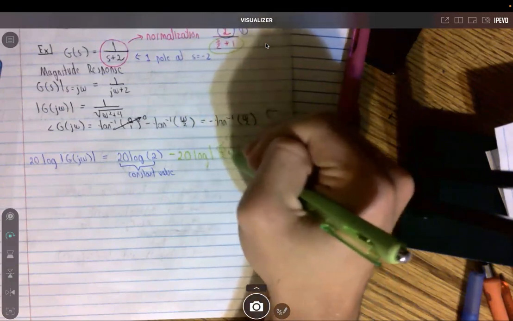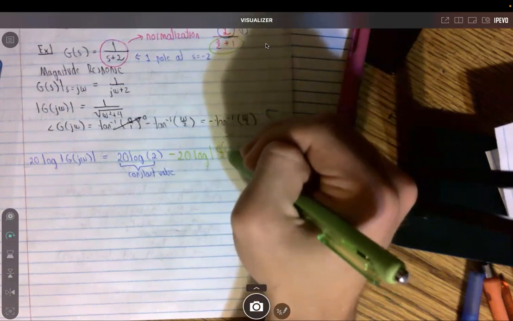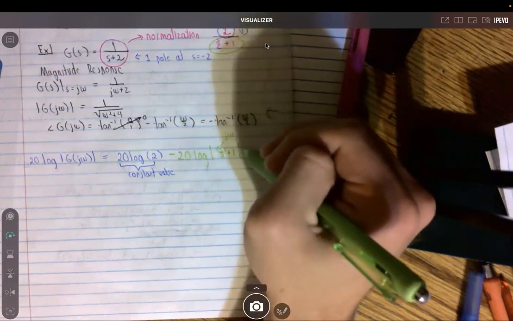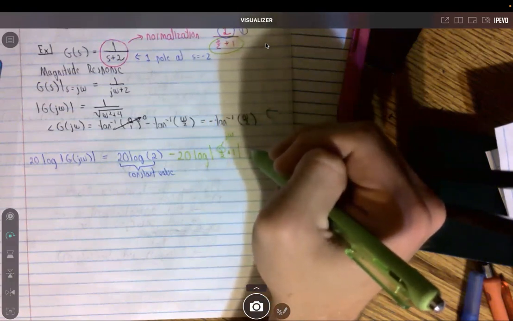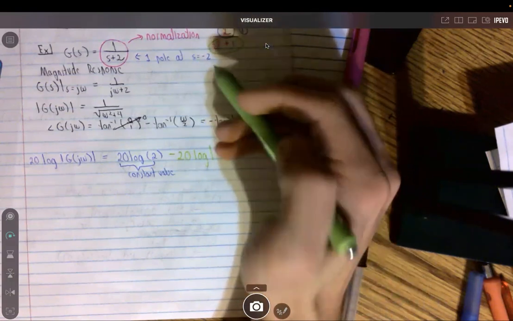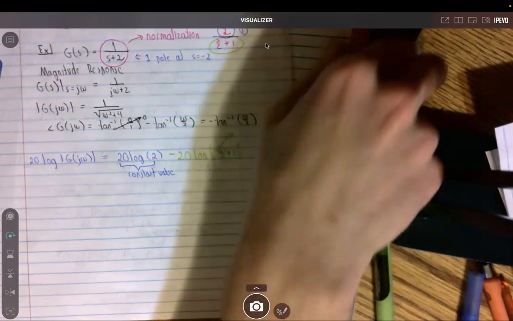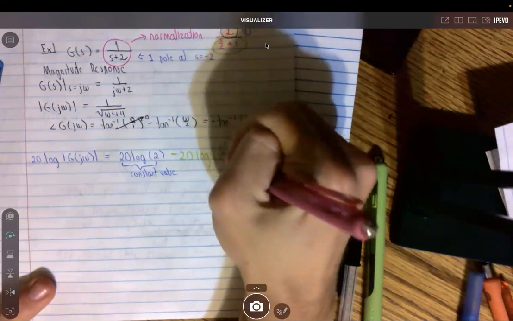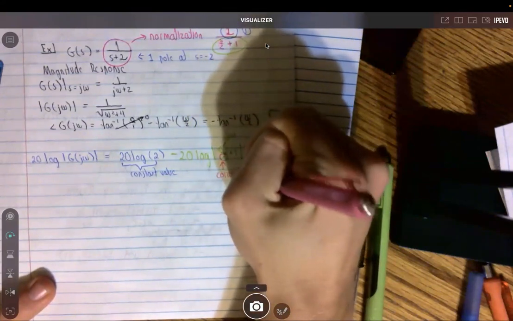But this won't occur until its corner frequency. The 2 here in the denominator tells us that's the corner frequency for the normalization, and right here is the corner frequency at which it's going to occur.